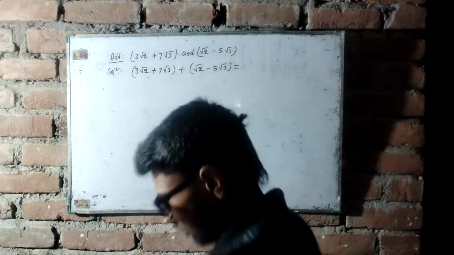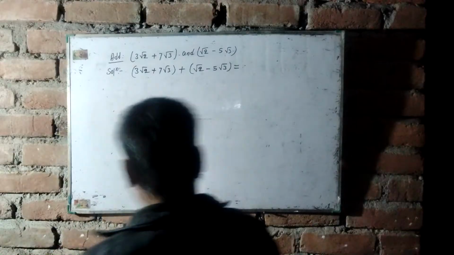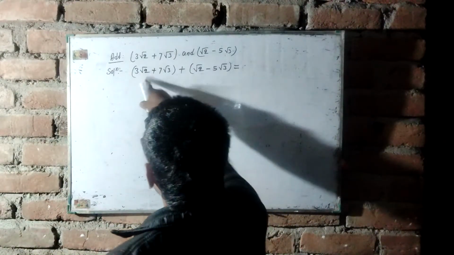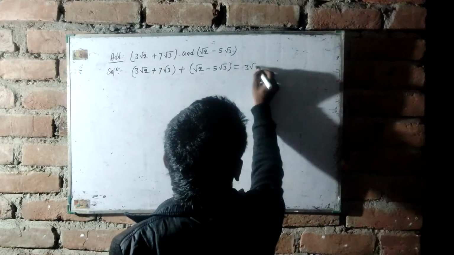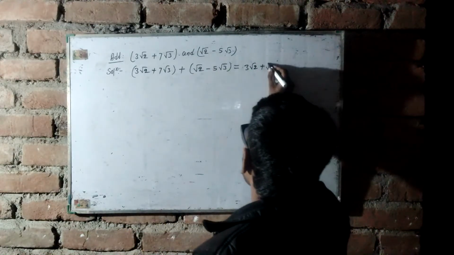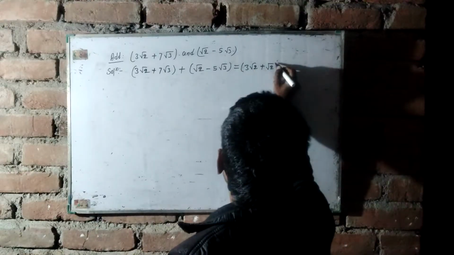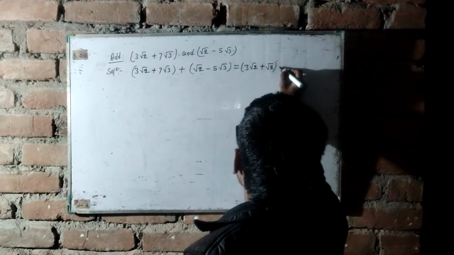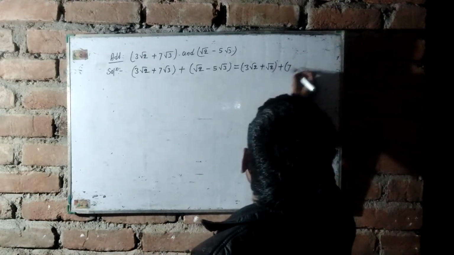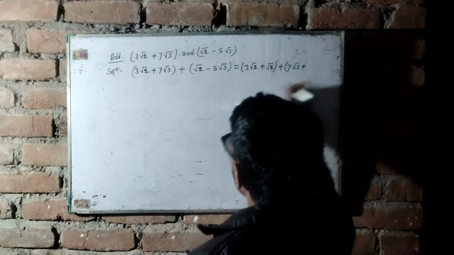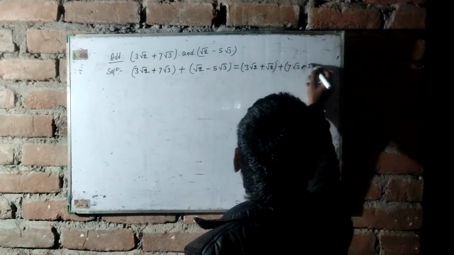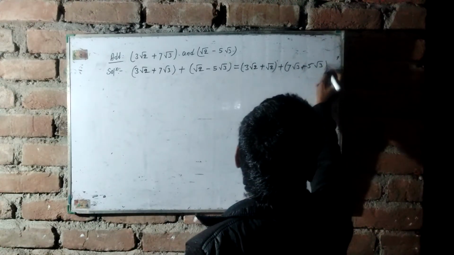Okay, so now let's go ahead. Now we can write 3 under root 2 plus under root 2 plus 7 under root 3 minus 5 under root 3.